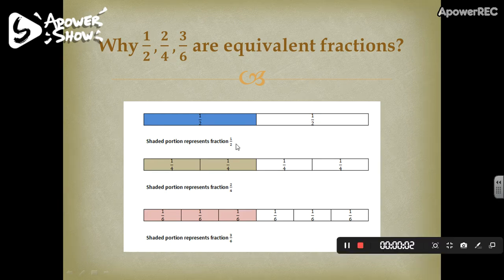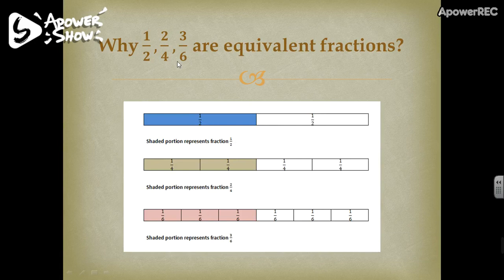So although 1/2, 2/4, 3/6 have different numerators and denominators, they are representing the same value. So that is why these types of fractions are known as equivalent fractions. Equivalent fractions are those fractions which have different numerators and denominators, but they represent the same value.